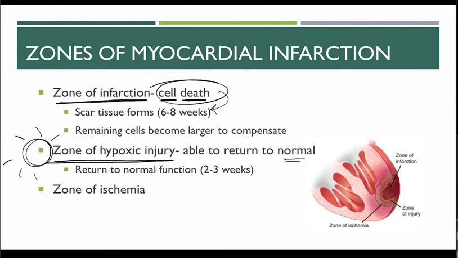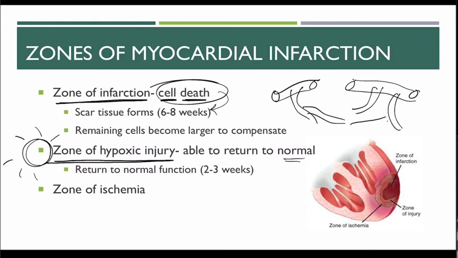And then the zone of ischemia is kind of the area around the infarction. In our vascular system, if we've got two different arteries, we have branches that come off, and there's definitely a web-type situation where there's a lot of crossover in which vessel is oxygenating which tissue.